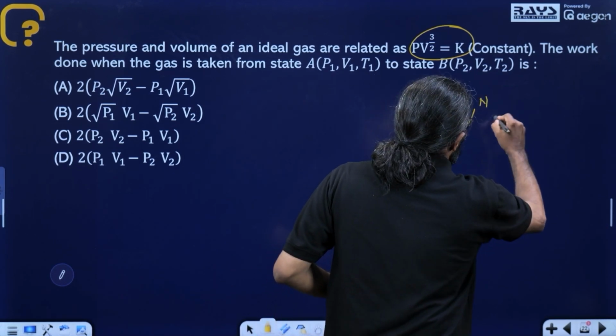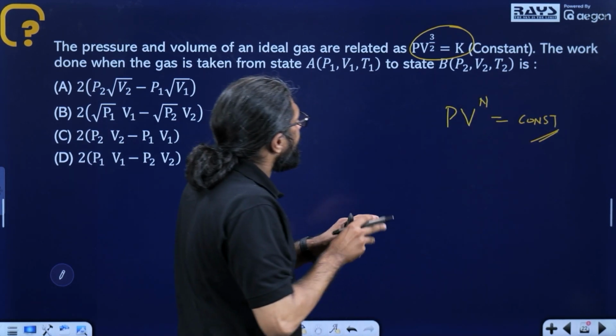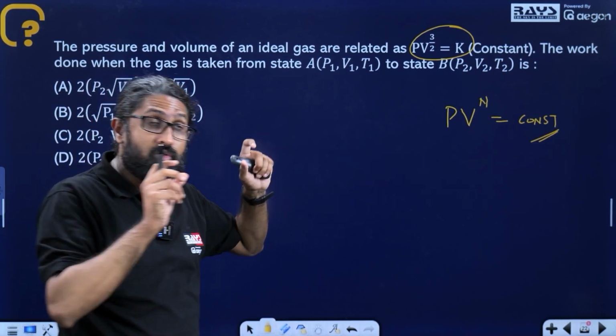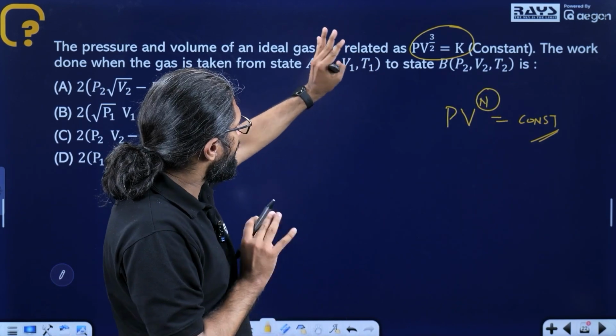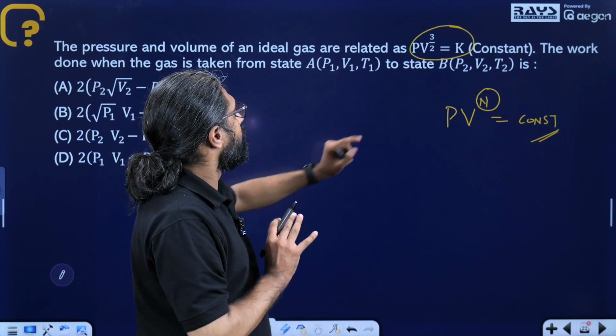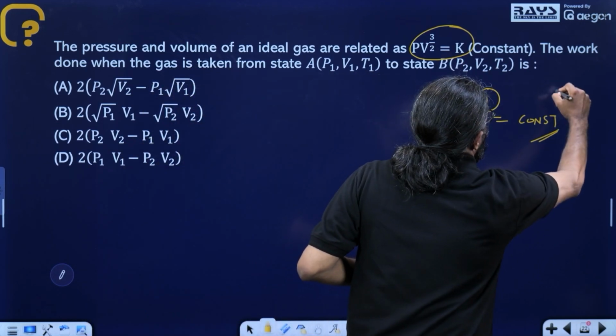Just about every process can be understood or modeled as a polytropic process by choosing the right value for N. In this case, you don't have to do anything further. It's very clearly given in the form of a standard polytropic process, which actually means N here is 3 by 2. I'll just write that down here.